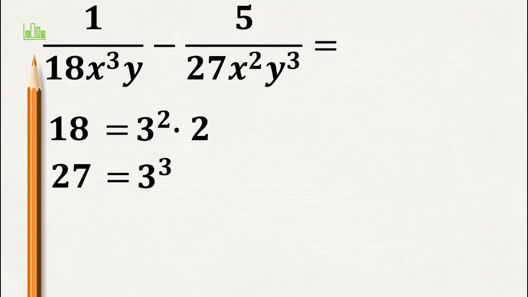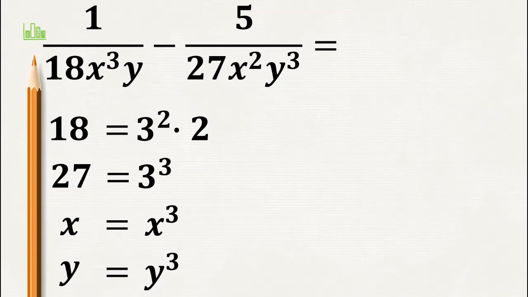Aside from our numbers, we have the variables x and y. Again, get the highest power of our factors. So for our x, the highest power in our denominator is x cubed. Next, the highest power of y is y cubed. So the factors that appear are 2, 3, x, and y.